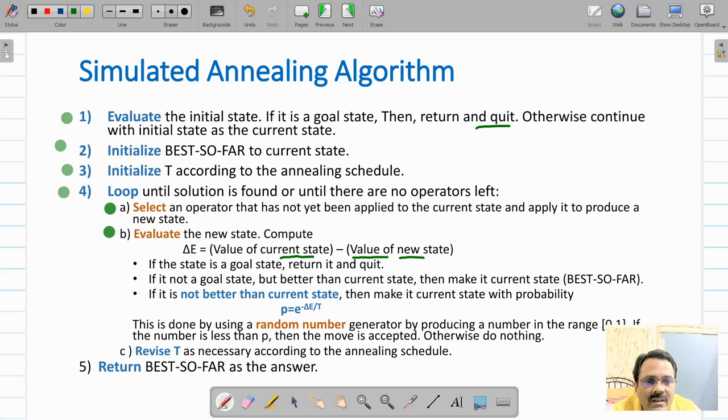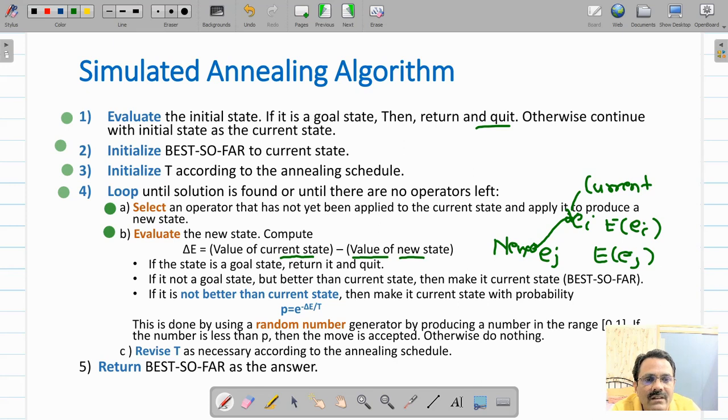For example, suppose you are moving in this way. This is your state Ei and this is state Ej. So find out the value of the objective function at Ei, the energy of this state Ei, which we can denote as E of Ei. Then the energy at state Ej. Ei is your current state, and Ej is your new state.